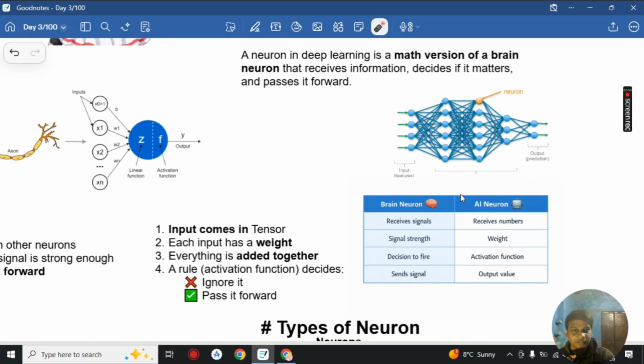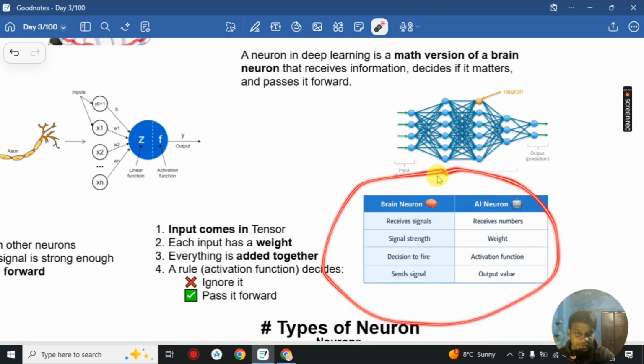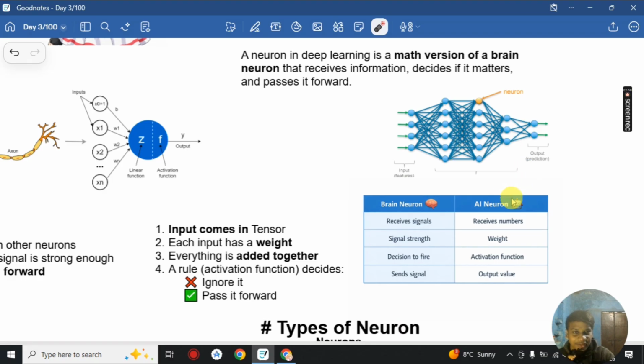Here is the basic difference between a brain neuron and an artificial intelligence neuron. In the brain it receives signals; in deep learning it receives a tensor. In the brain there is signal strength, and here we have our weights as the deciding factor. The brain uses a decision to fire, and in artificial intelligence it's basically an activation function.